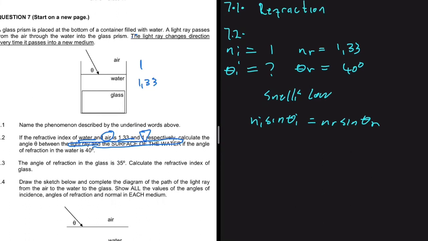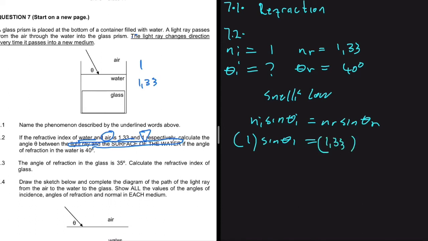So what is the refractive index of the first medium? That is 1, right? We're coming from air. And then what is the angle? That's exactly what we're looking for. And then the refractive index of the medium we're moving into, that is water. The refractive index is 1.33.